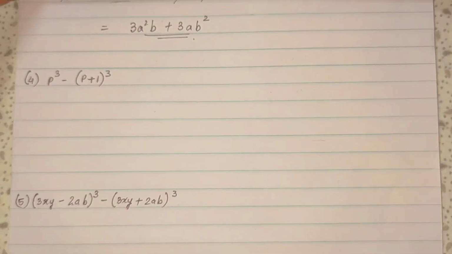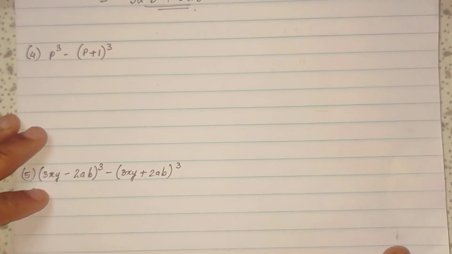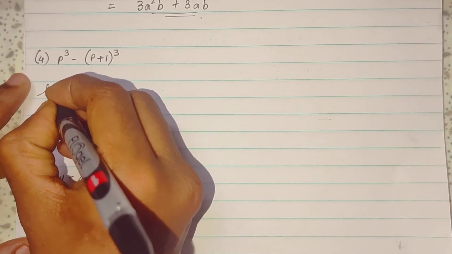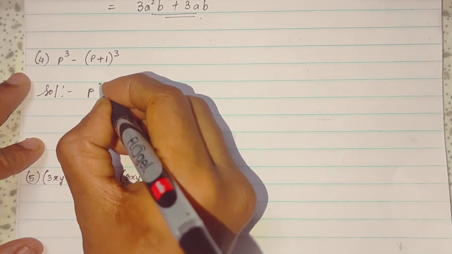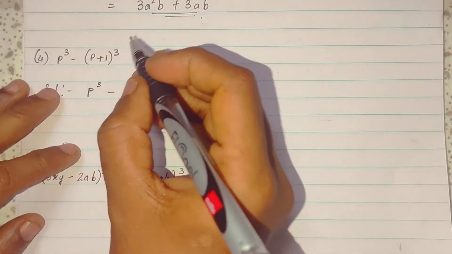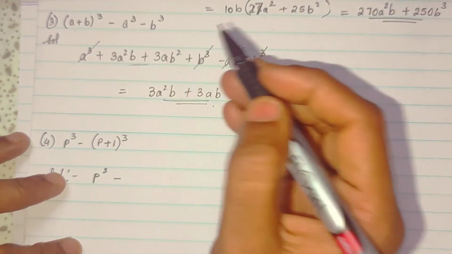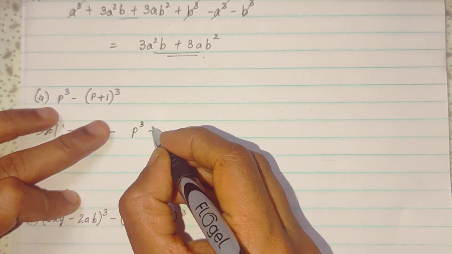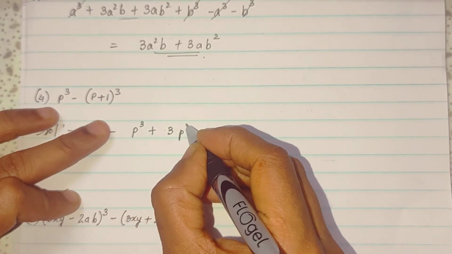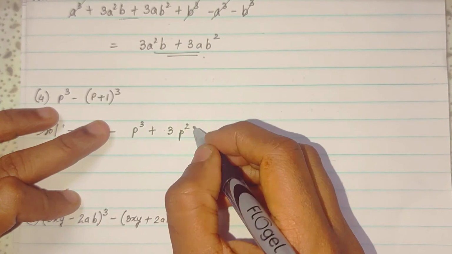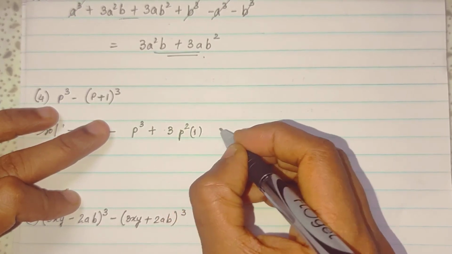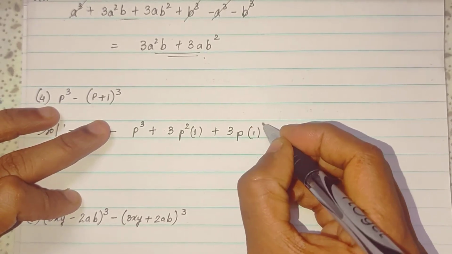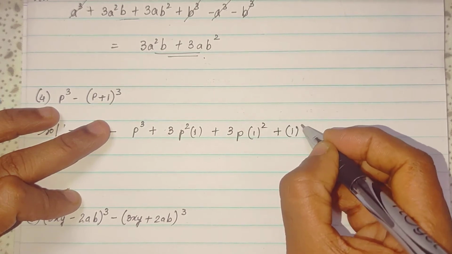Now fourth sum. Similarly we have to do as we did the previous one. Solution: p cube we will write as it is, and this we will split in formula as we did in this one. So p is a, so a cube plus 3 into a square into b, which is 1, then 3 into a into b square, then b cube.